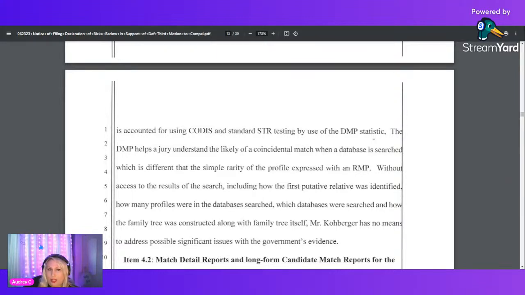So the database match probability helps a jury understand the likelihood of a coincidental match when a database is searched, which is different than the sample rarity of a profile expressed with an RMP, a random match probability. Oh.